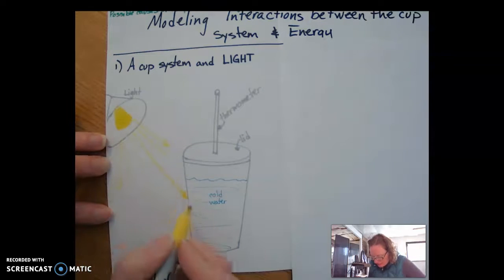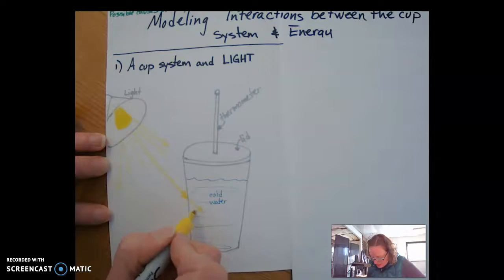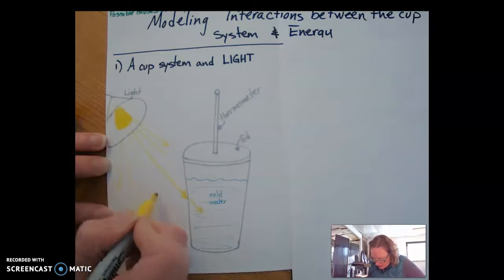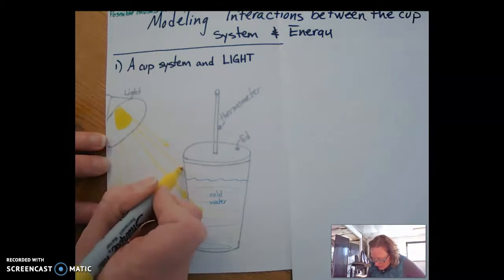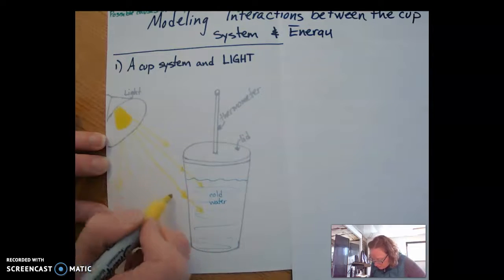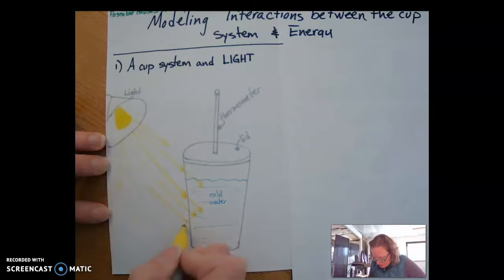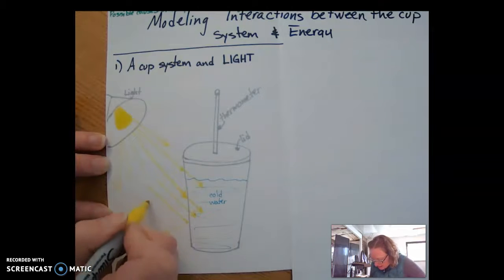So as this ray of light hits our cup, now this is a clear cup, some of that light is going to transmit through the wall of the cup, right? And we'll have other rays that are going to transmit through the wall of the cup. Now some of these rays may partially reflect back off, and if you wanted to illustrate that, you can also do that.